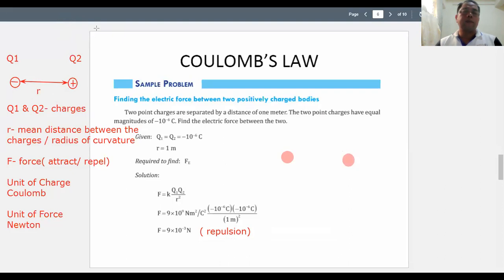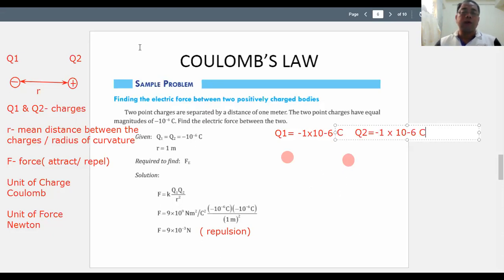Again, Q sub 1 is equal to negative 1 times 10 to minus 6 Coulomb, and the other value, Q sub 2, is also negative 1 times 10 to minus 6, still in Coulomb.